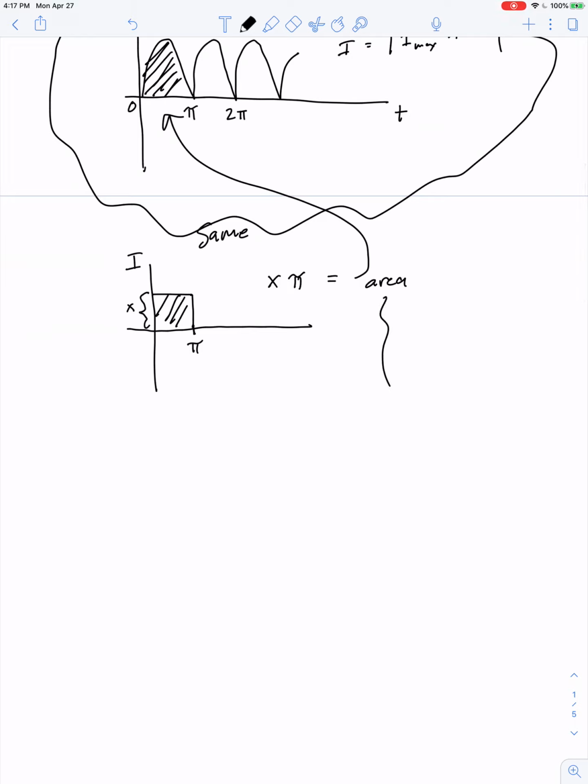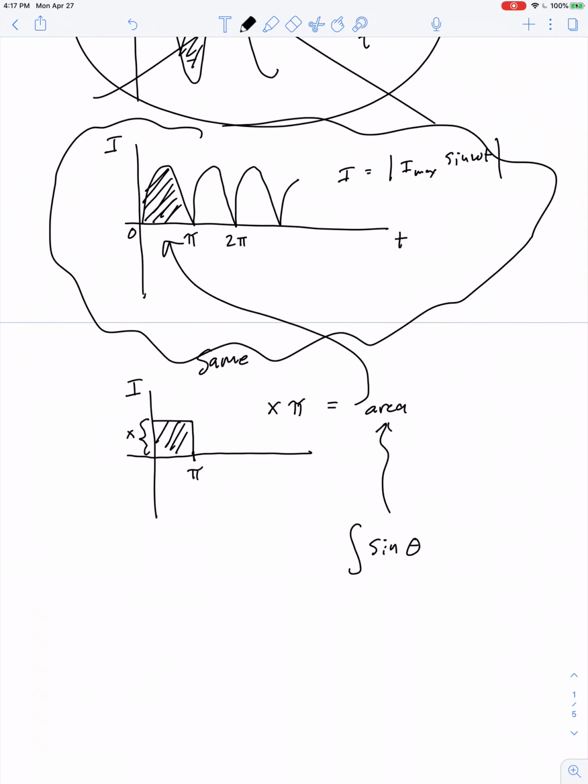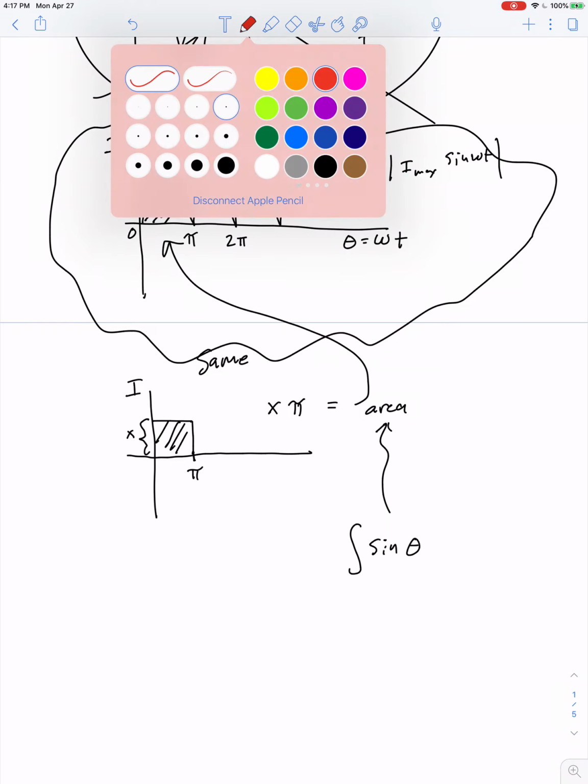Okay, so let's figure out what this area is. Well, that's just the integral of sine theta, right? How about this? Instead of calling it t, let's call it omega t, so that it's theta. So we have a graph of sine theta, and we're going to divide it up into little slices.